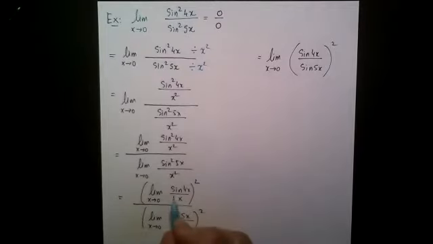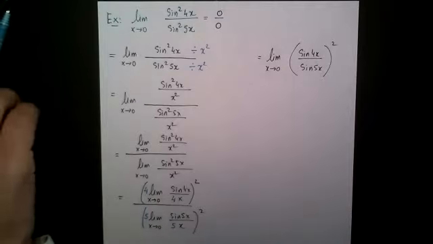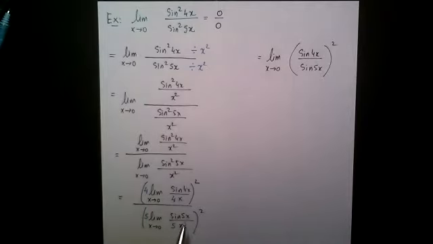Then you remember times 4 and times 4, and here times 5 and times 5. Notice how I pull the 5 out of the limit, I'm allowed. Then I take it out of the square and it becomes 25. I'll take the 4 out of the square, it will become 16. And this of course is 1, and this of course is 1. So the answer will be 4 squared over 5 squared, and that's why it's 16 over 25.